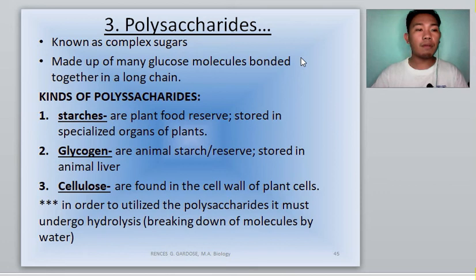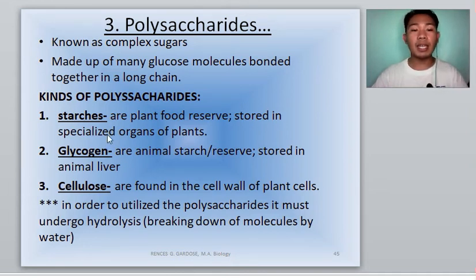Another type of carbohydrate is polysaccharides, known as complex sugars. Polysaccharides are made up of many glucose molecules that are bonded together in a long chain. We have several kinds of polysaccharides that are readily available in nature.